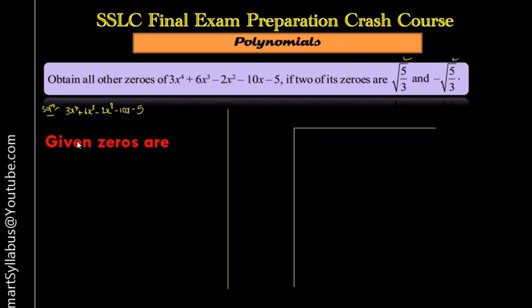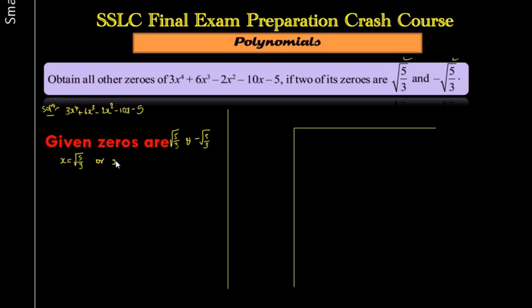So what we do now, the given zeros are square root of 5 by 3 and minus square root of 5 by 3. Let us consider these two as x. First, x is equal to root 5 by 3 or x is equal to minus square root of 5 by 3.